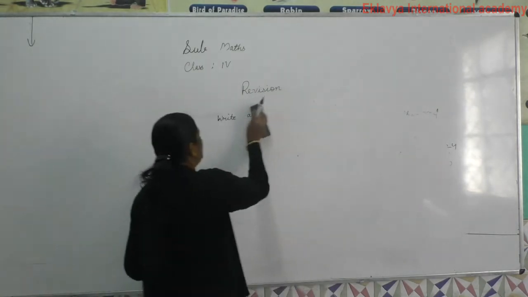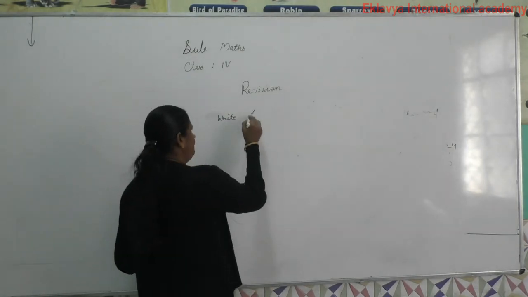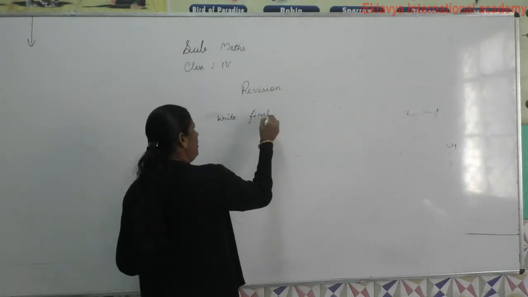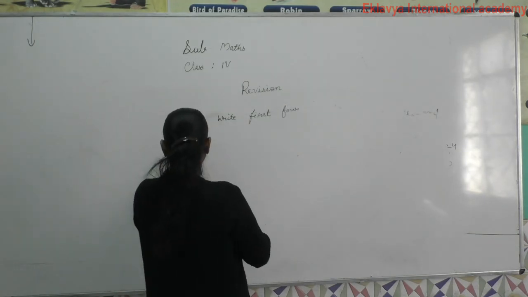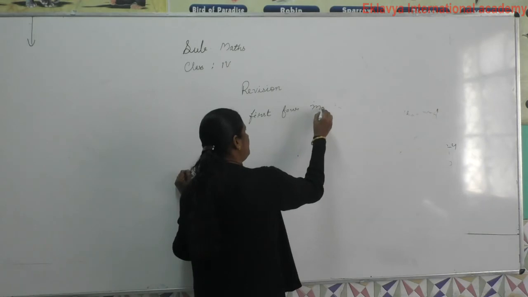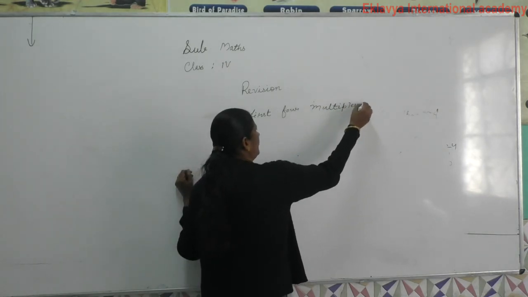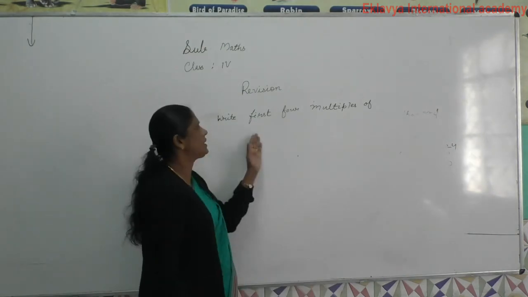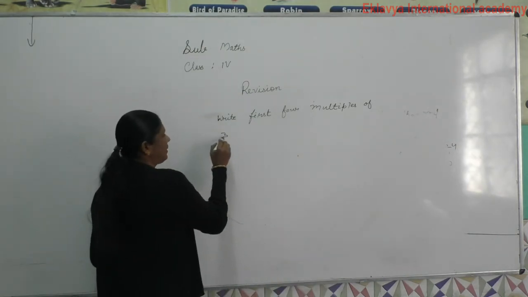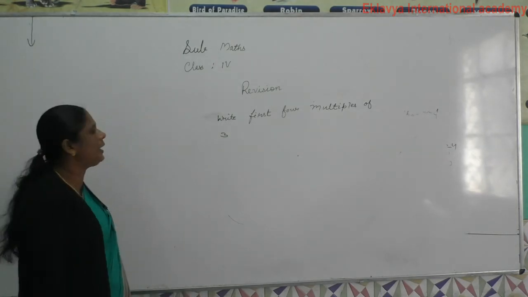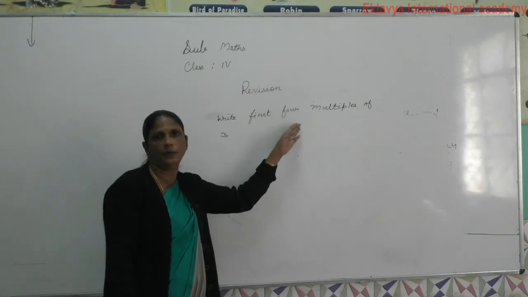Write the first 4 multiples of 3. You write the table of 3, how many times? 4 times.